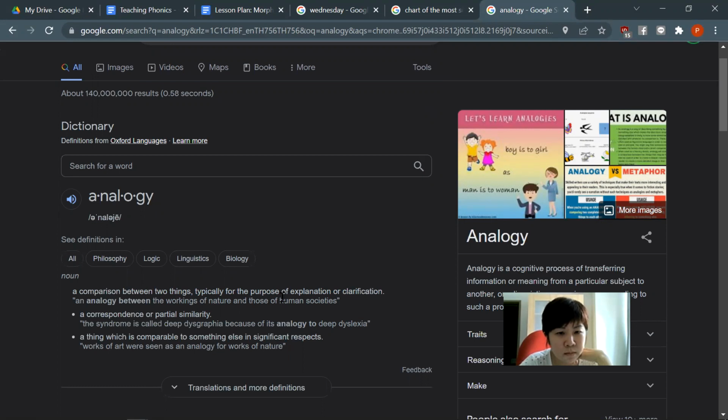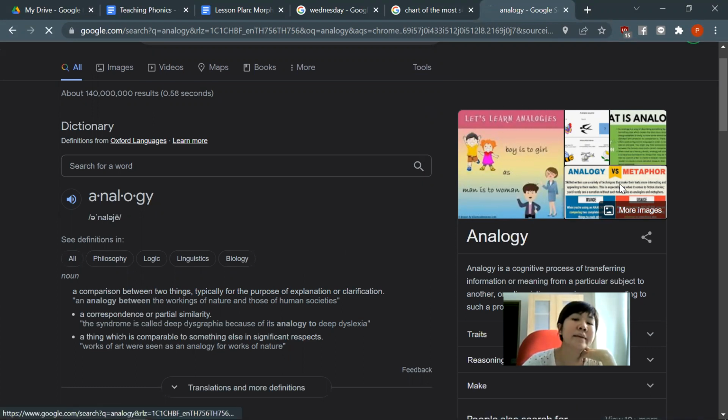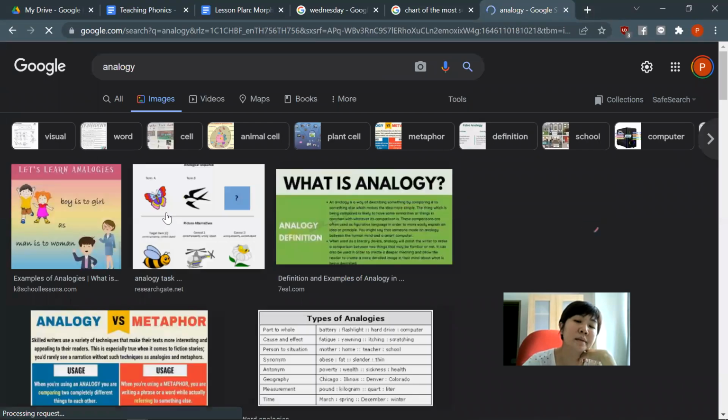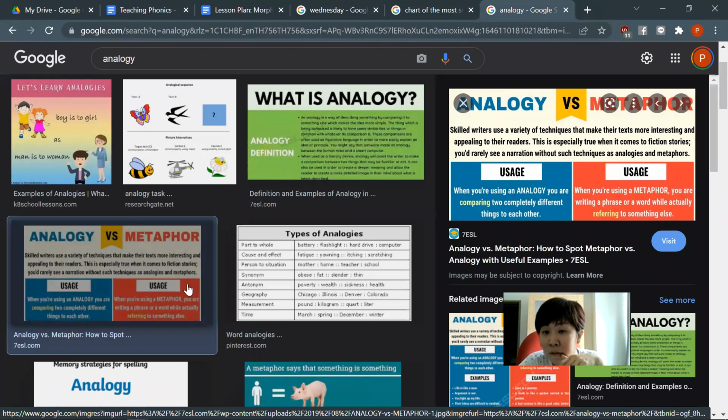So you're comparing two things. Or like a boy is to a girl as a man is to a woman, something like that. But it's pretty complex versus a metaphor. I'm positive that what they used on the show was a metaphor.